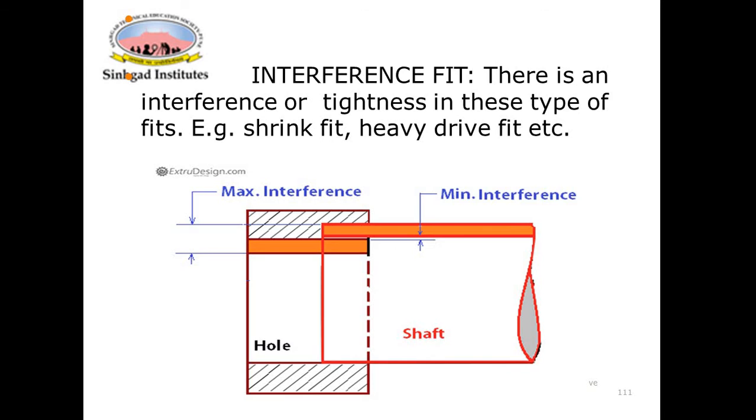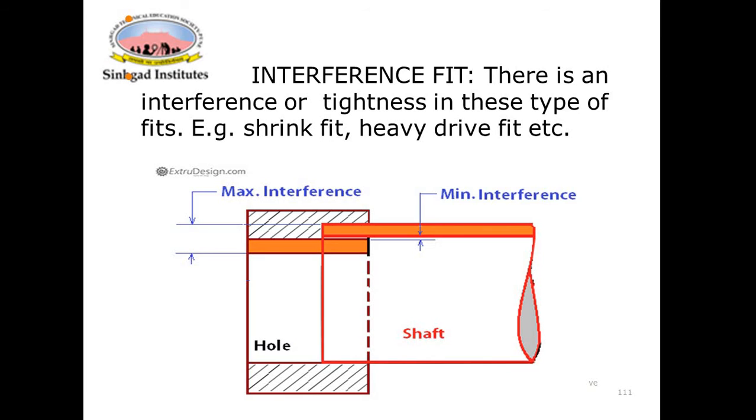So the distance between this line, the maximum size of the hole, and this line, the minimum size of the shaft, is called the minimum interference. Similarly, there is one more possibility: the difference between the minimum size of the hole, this distance, and the maximum size of the shaft, that is the distance between this line and the uppermost line.